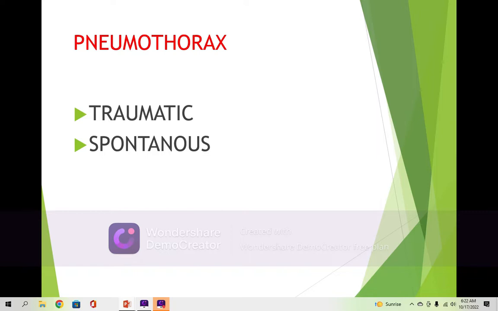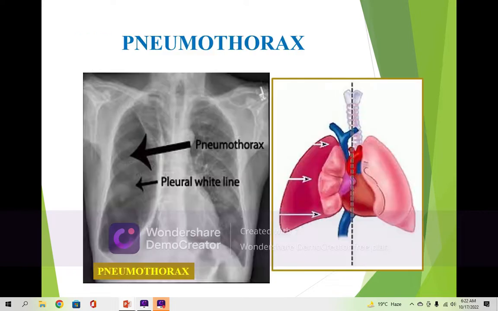Trauma is a part of surgery, and how the trauma caused it and how the air enters is actually the topic of surgery. So we do not comment on the traumatic one, because the treatment is associated with the procedures they do when there is a traumatic type of pneumothorax.